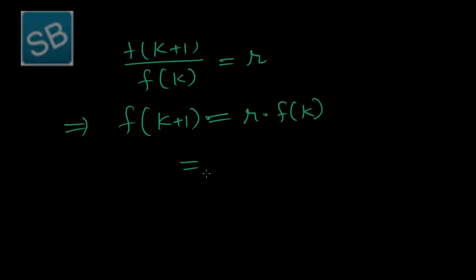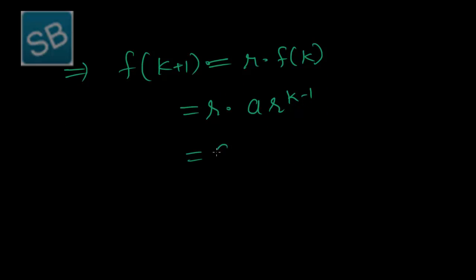That gives r times a r raised to k minus 1. That gives a into r raised to power k minus 1 plus 1, that is a into r raised to power k.